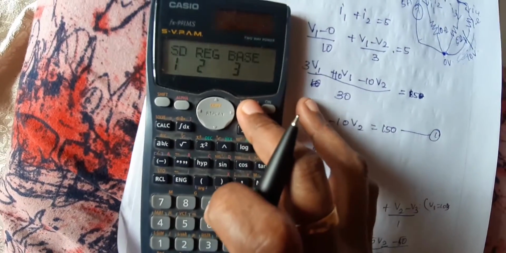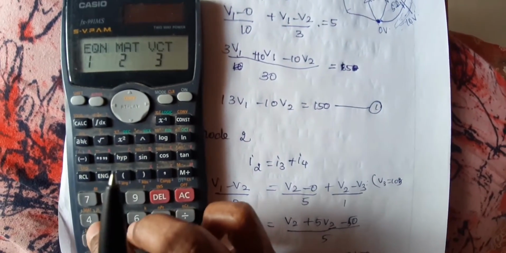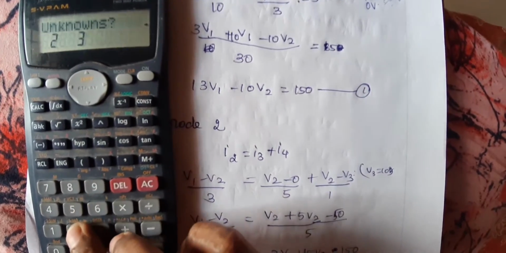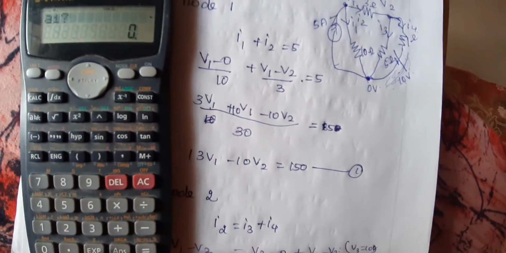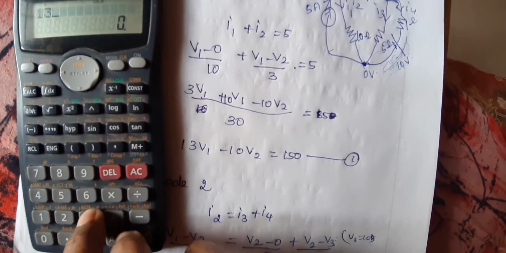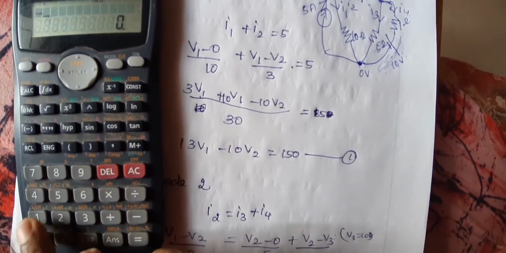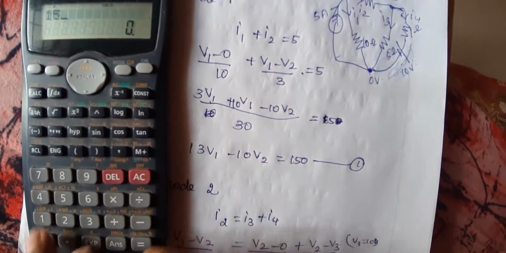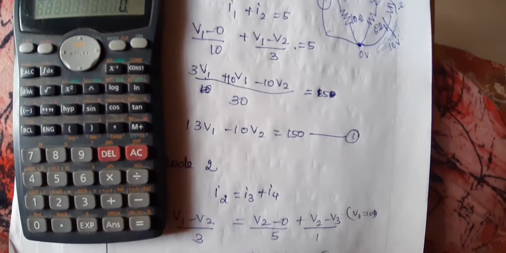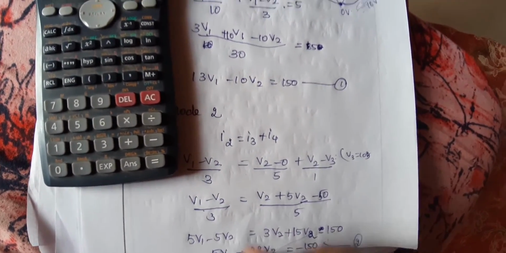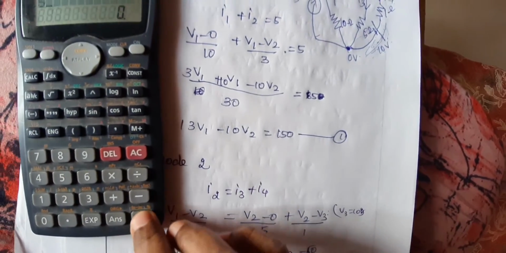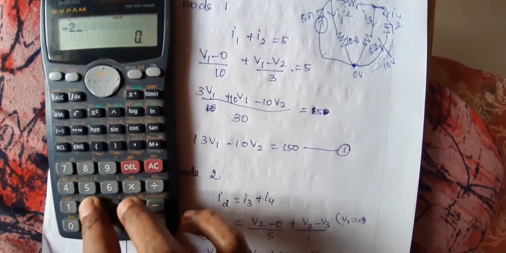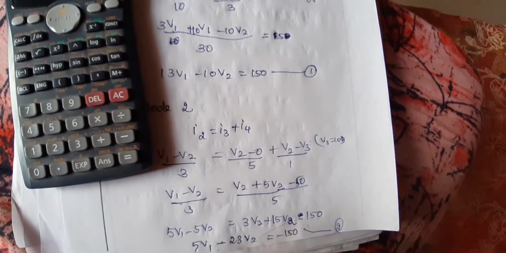Take the mode as equation mode. How many unknowns are there? Two unknowns. So the first equation values are 13, minus 10, and 150, and the next values are 5, minus 23, and minus 150.